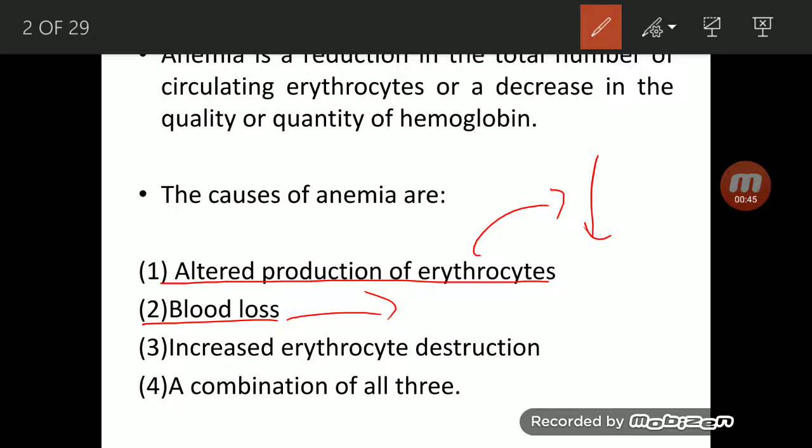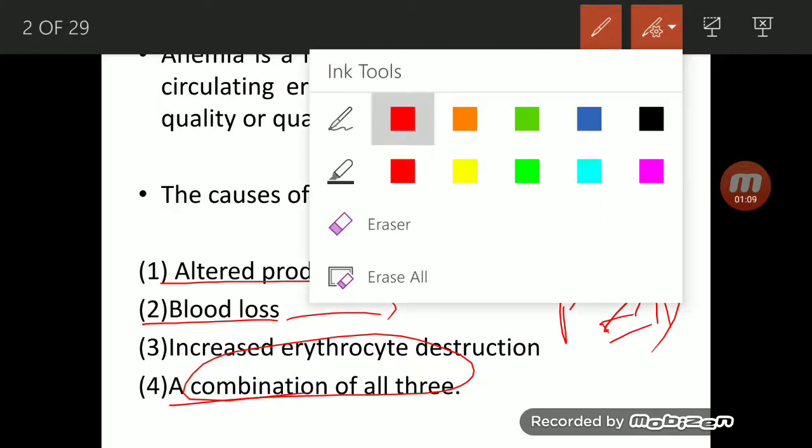And thirdly, there is increased erythrocyte destruction. We all know that the production of your RBC is always equal to the destruction of your RBC, so the number of RBC in your blood is always maintained. So whenever this balance is broken, in this case because of an increased amount of destruction, it will lead to anemia. And lastly, it can be a combination of all these three effects.